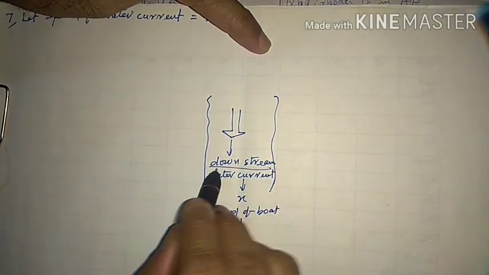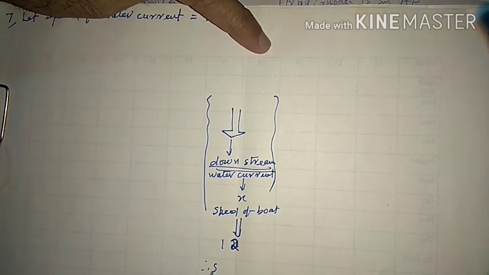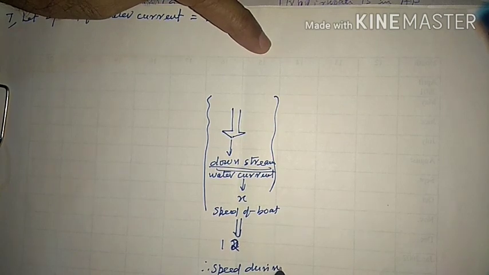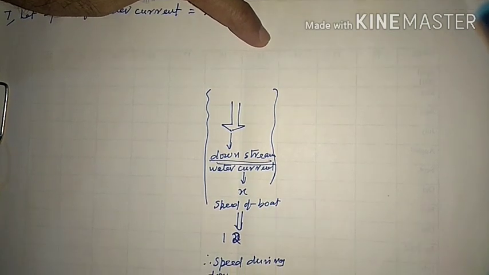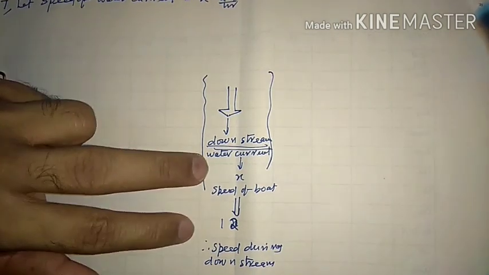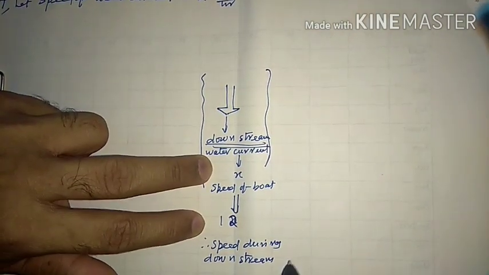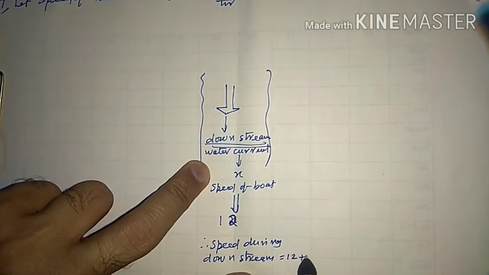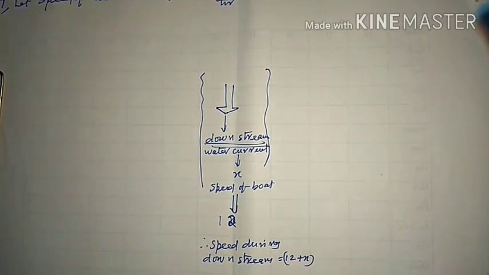So during downstream, the speed, since both are helping, will be 12 plus x kilometers per hour.